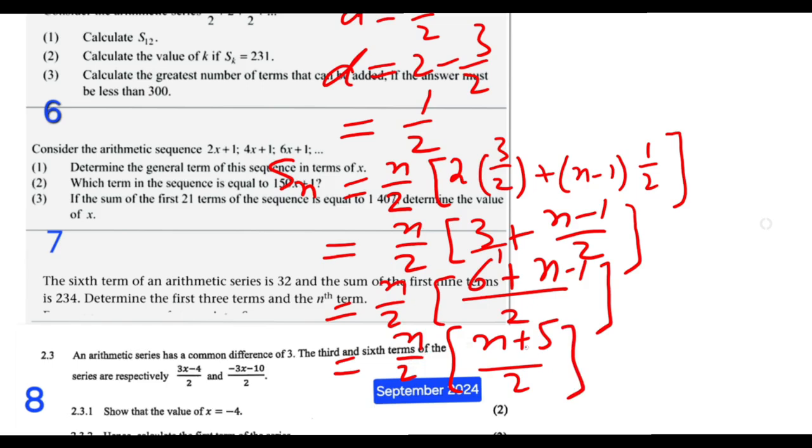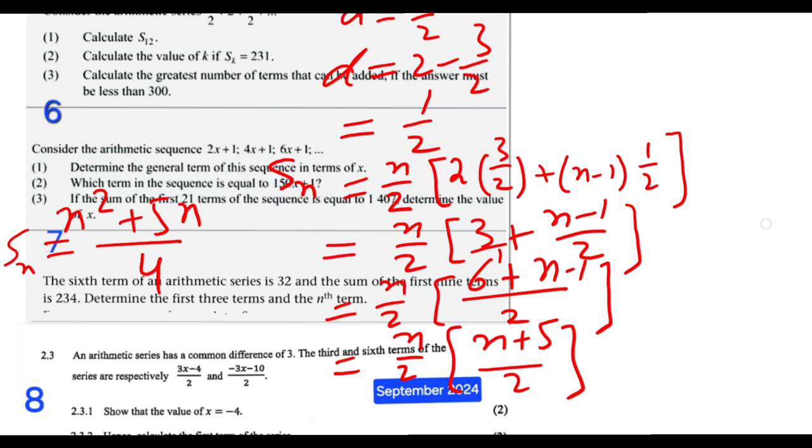Now multiply numerator with the numerator and denominator with the denominator. So n multiplied by n is going to be n squared plus 5n over 4. 2 times 2 is 4 denominators. So this we got Sn now. You can write from the beginning less than, or you can write from here, same thing.